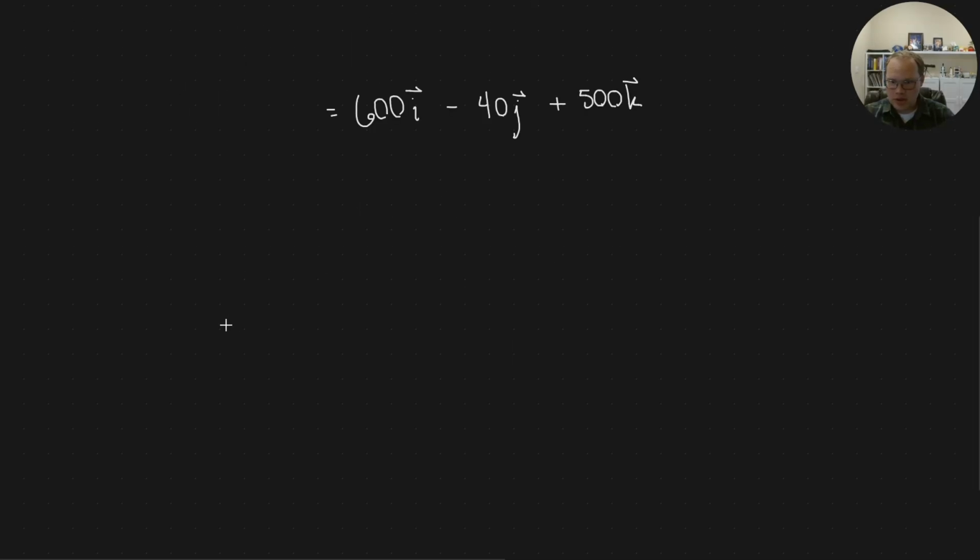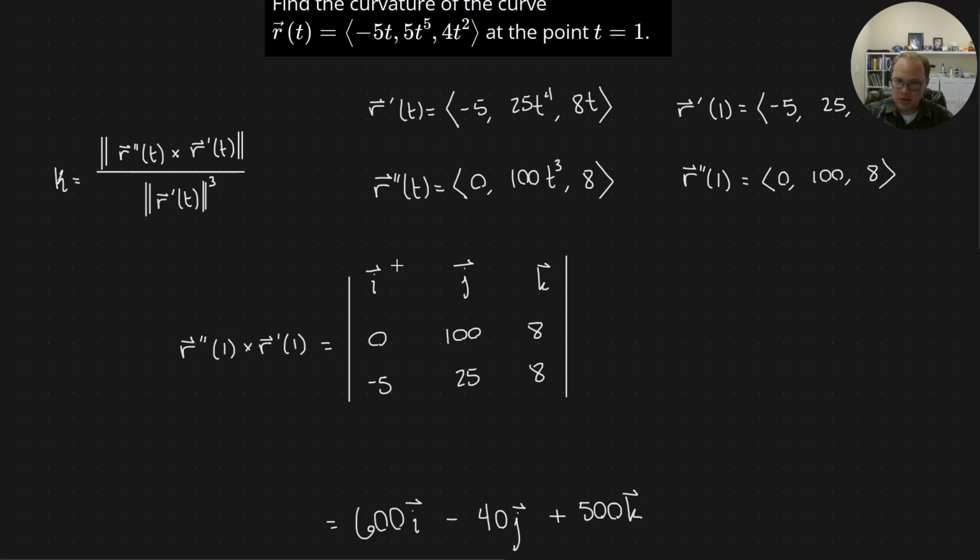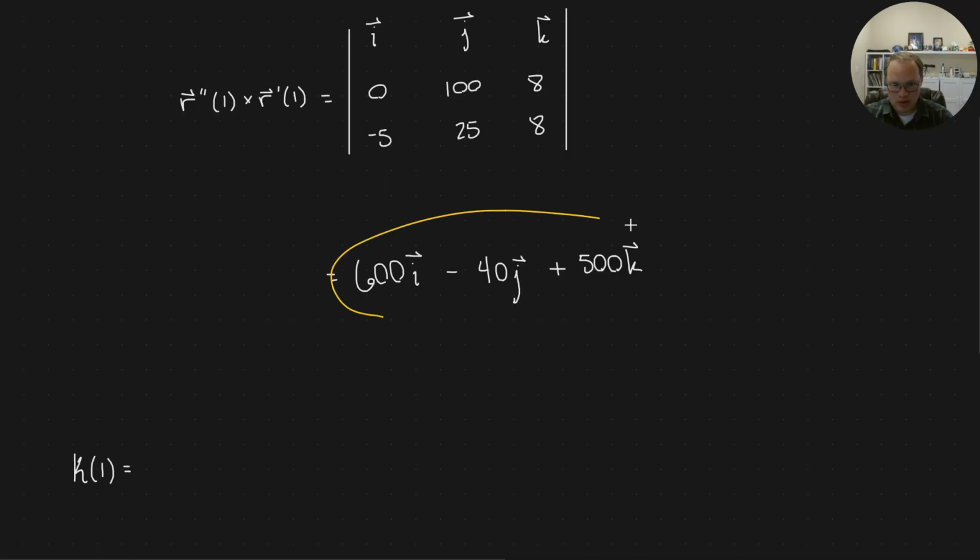Okay, so let's kind of plug in. So the curvature at t equals 1 is going to be the norm of my cross product. So here's my cross product. So let's find the norm. So that's going to be square root of first guy squared plus the second guy squared plus the third guy squared.